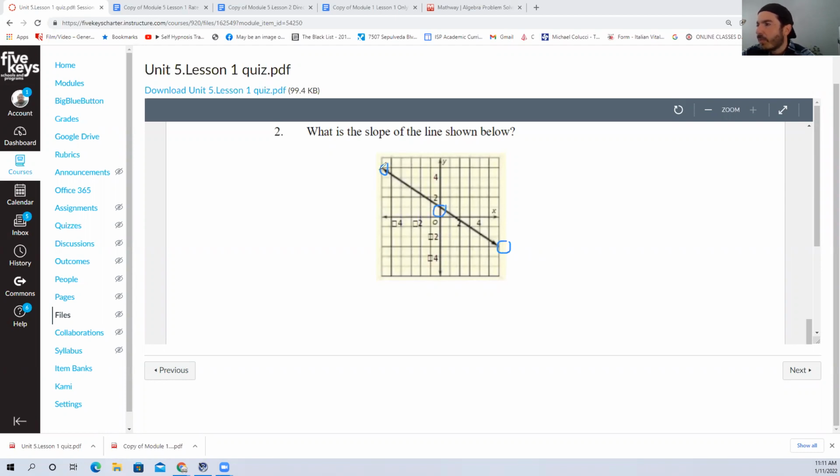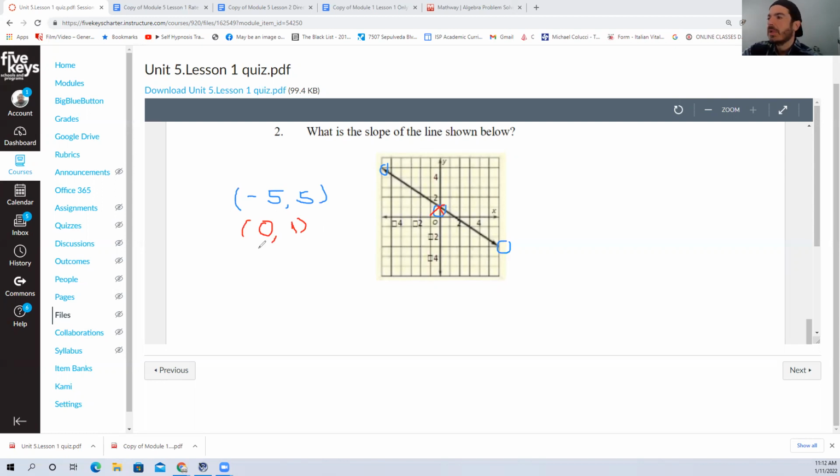Okay. So this point I'm going to call the X coordinate is -5 and the Y coordinate is +5. Here, to me, the X is 0 and the Y is 1. That's this point right here. So let's see what I get.